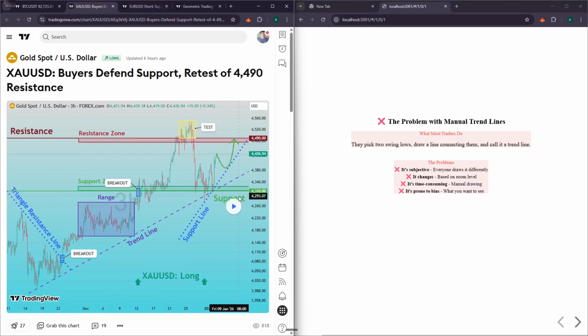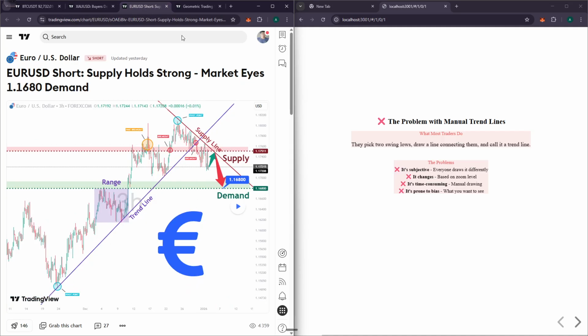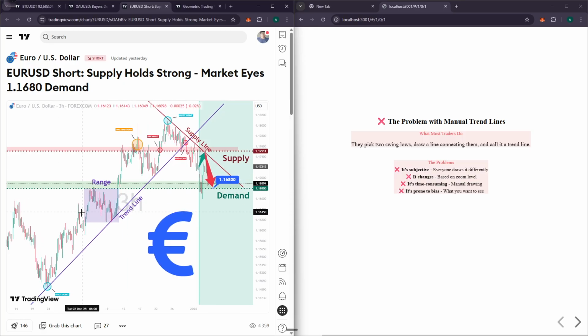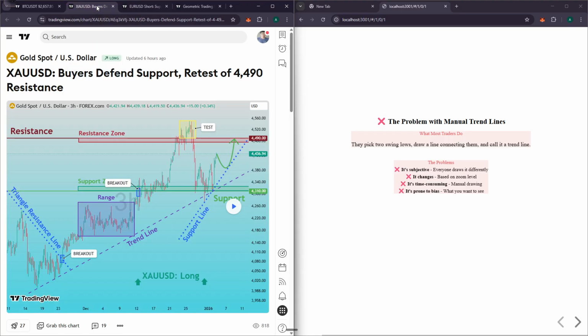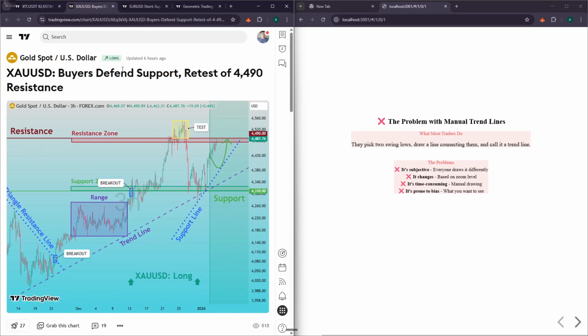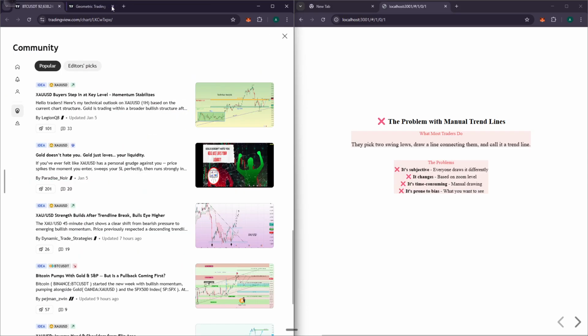You see this trend line coming up there, this supply line, and this takes time, guys. If you do this again and again, it takes time, and this is just for euro US dollar. What if you want to do the analysis for the British pound? Then it's going to be different.